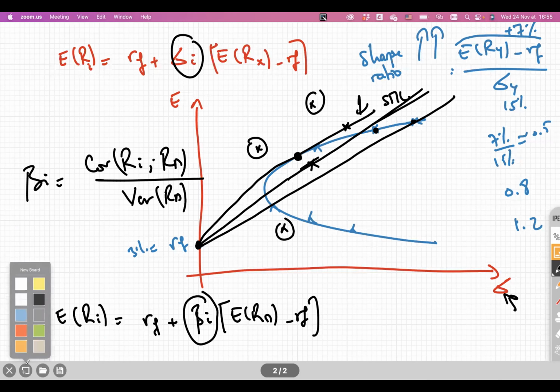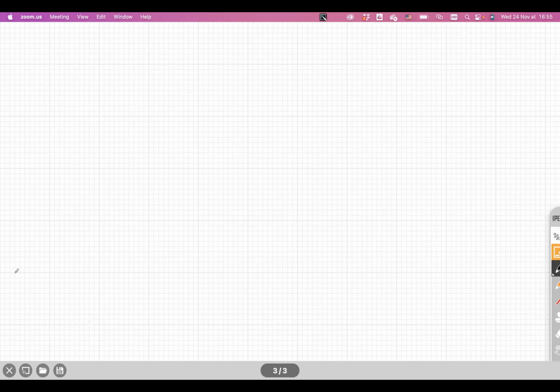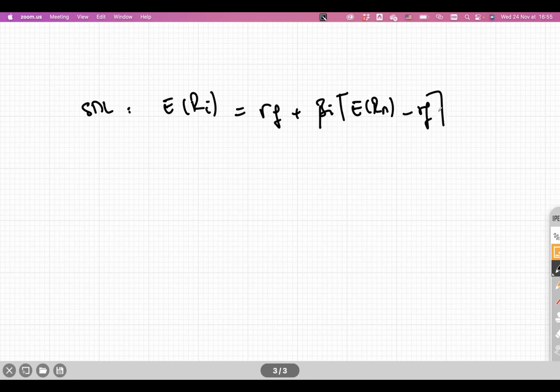Remember, this is the first pass regression. We want to identify the coefficients of the SML, security market line. So this is the SML equation: expected return of each individual stock is equal to RF plus beta I times the expected return of the market minus RF.